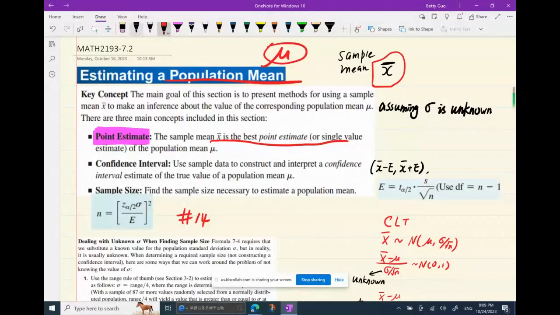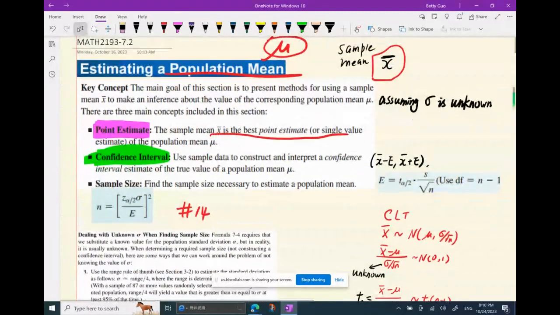Second thing is how do we construct a confidence interval to estimate population mean? The process is very similar to the previous section, when we constructed a confidence interval estimate for population proportion. But of course, this is going to be different.